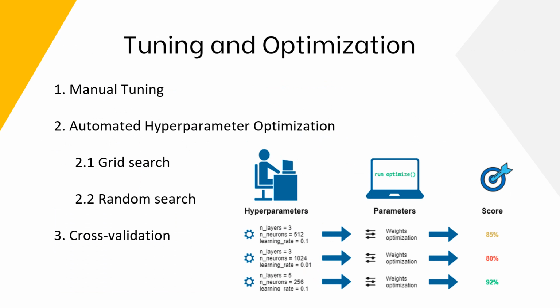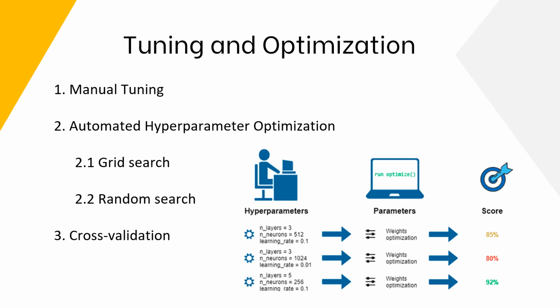Moving forward, tuning and optimization. There are several methods of tuning and optimizing, which include manual tuning, automated hyperparameter optimization, which includes grid search and random search, and then cross validation. Manual tuning refers to the process of adjusting hyperparameters by hand.